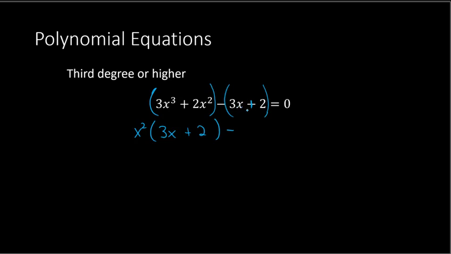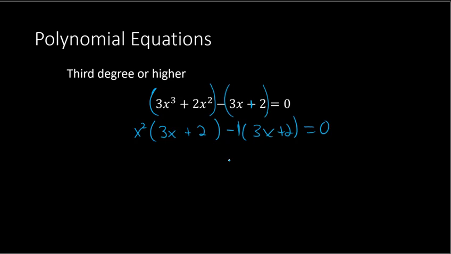And then the second parentheses, we would try to do the same thing if possible, but here there's not a greatest common factor to pull out. So we just keep it the same as it was, 3x plus 2. That's equal to 0. But take note that there's an assumed 1 right here. So it's not written, but it's assumed.